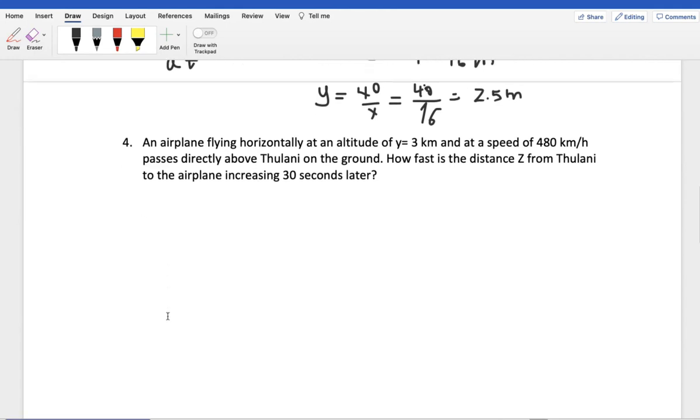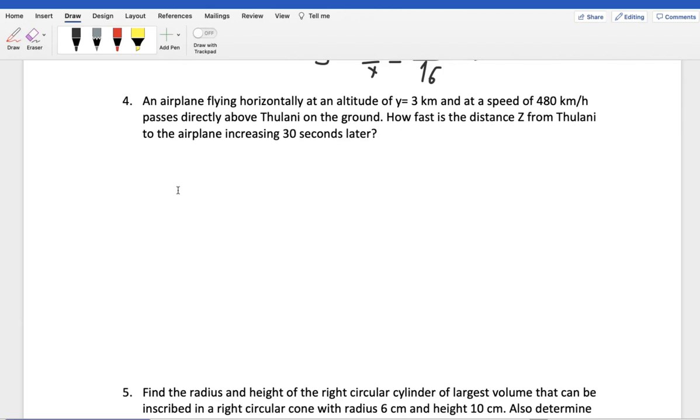So the next question is telling us that we have an airplane flying horizontally at an altitude of y equal to 3 kilometers and at a speed of 480 kilometers per hour.